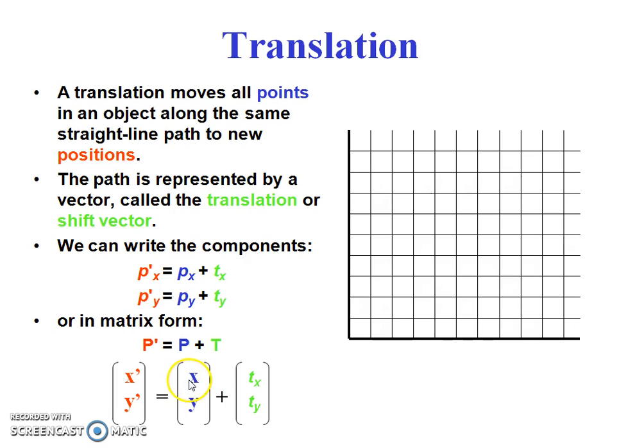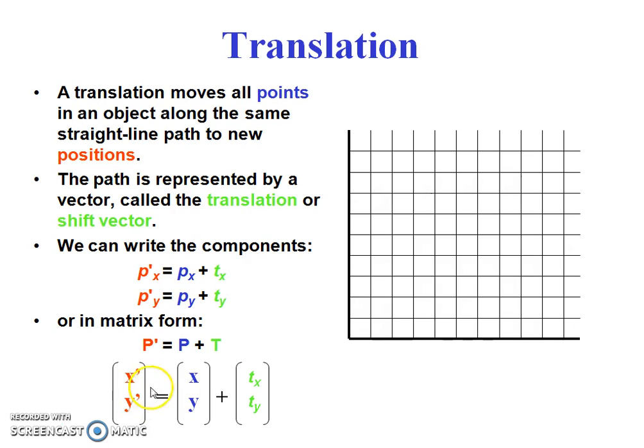So after adding the distance tx to the original point x, and the distance ty to the original point y, we can get the new coordinate points x prime and y prime.